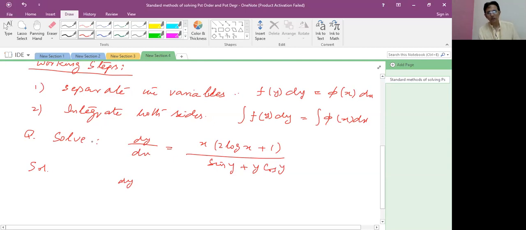So when we shift this to the left hand side, it is multiplied by sin y plus y cos y. First you write the differential equation, then we start, because it is a question.